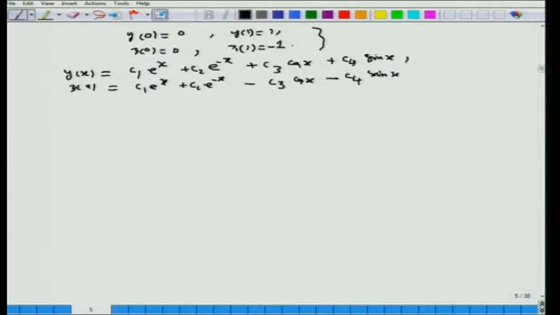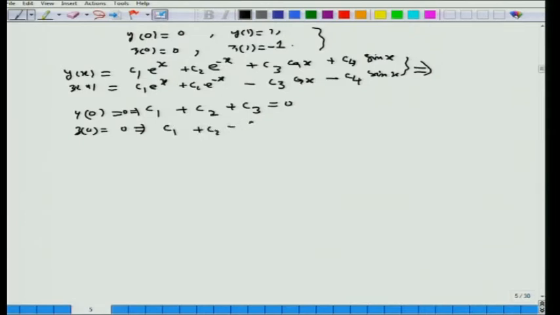So, both these imply now that y(0) = 0 gives c1 + c2 + c3 = 0, and z(0) = 0 also implies that c1 + c2 − c3 = 0.